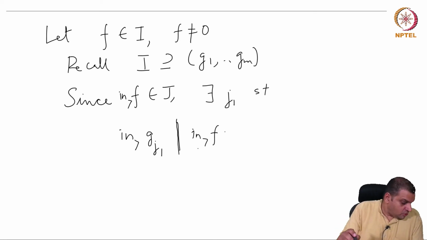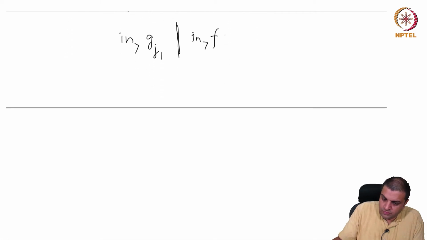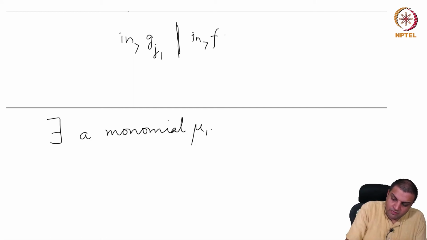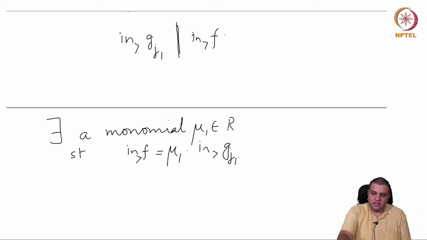So what does that mean? There exists a monomial mu1 in R such that the initial term of F is mu1 times the initial term of Gj1. That's just division: the quotient is another monomial. Now we are going to proceed by induction.